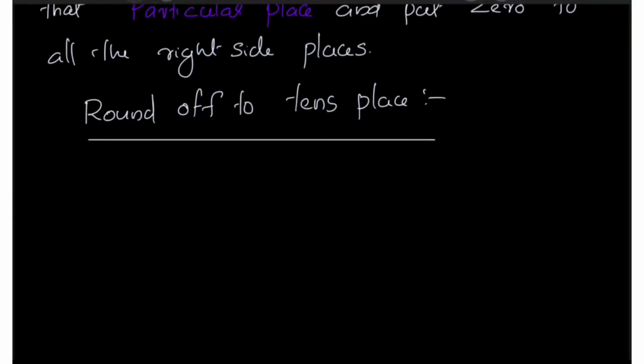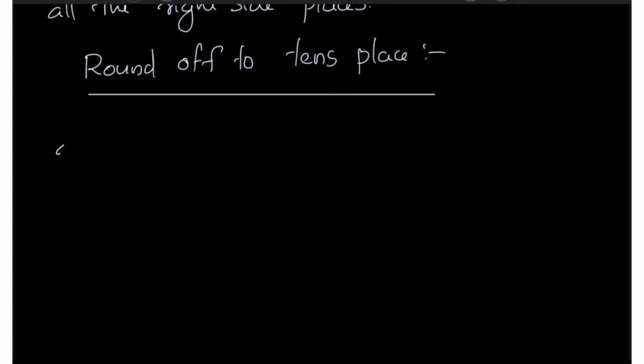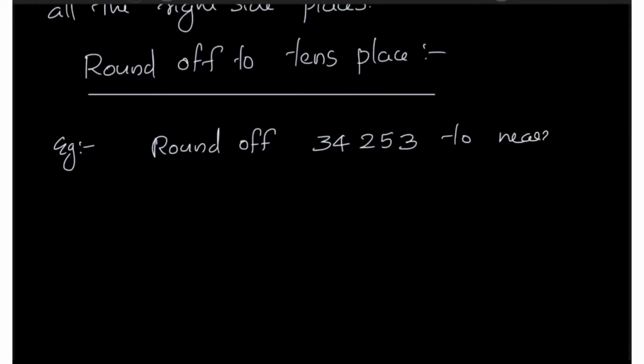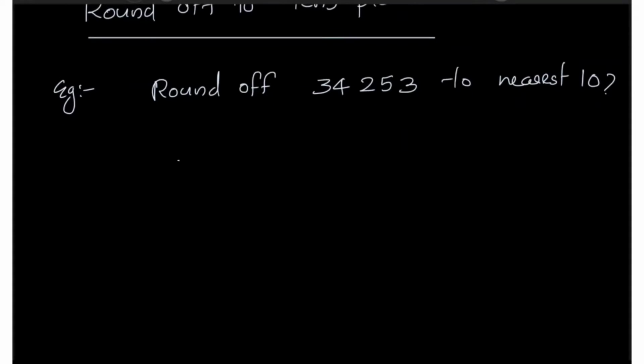Take one example: round off 3, 4, 2, 5, 3 to nearest 10. This is our question. Rewrite our number like this: 3, 4, 2, 5, 3.